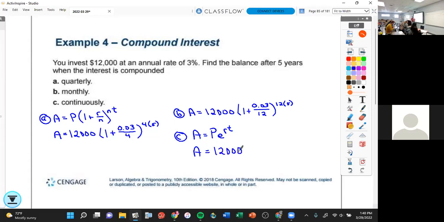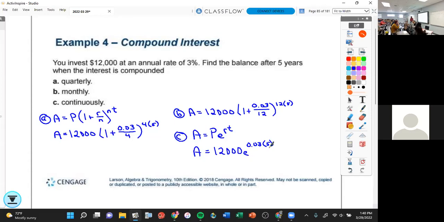It's E, right? Yeah, 2.71828. What is R? 0.03, and time is 5. Continuous compounding means it is being compounded faster than every microsecond, faster than every nanosecond, continuously.